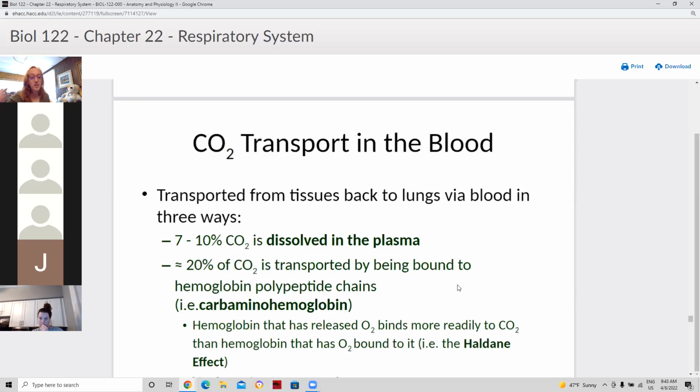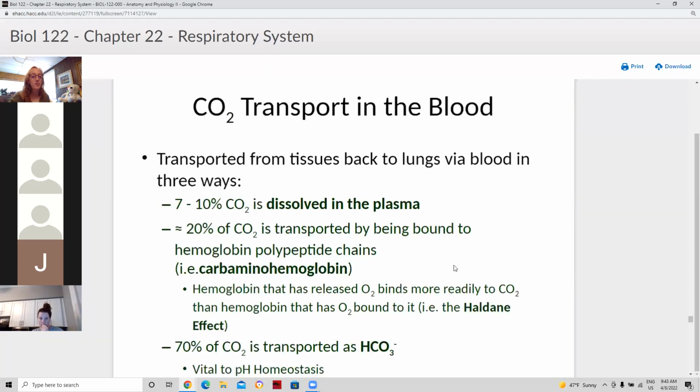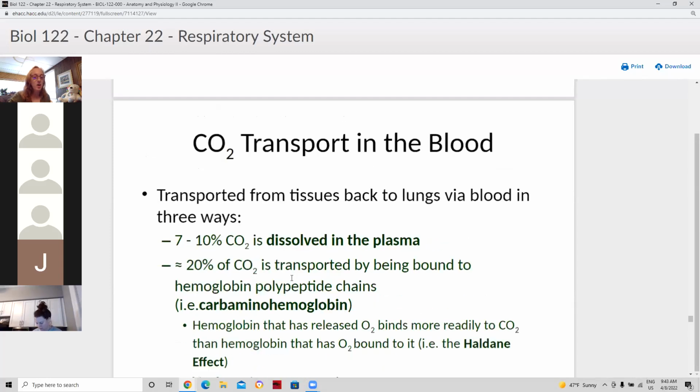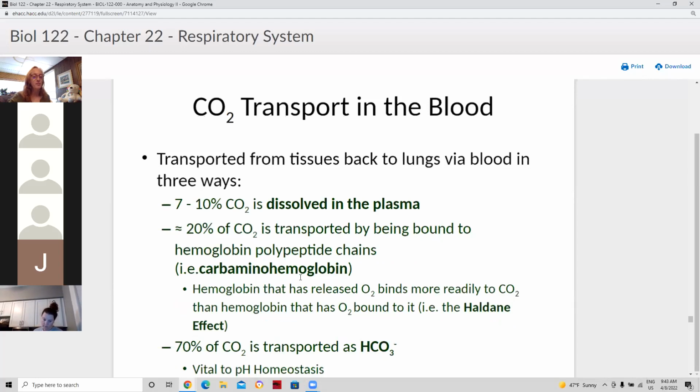Approximately 20% of it is transported by being bound to the hemoglobin polypeptide chains in the form of carbaminohemoglobin. The carbon dioxide binds to the amino groups of the hemoglobin, forming carbaminohemoglobin.